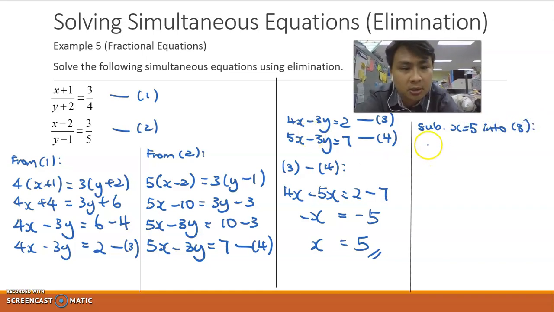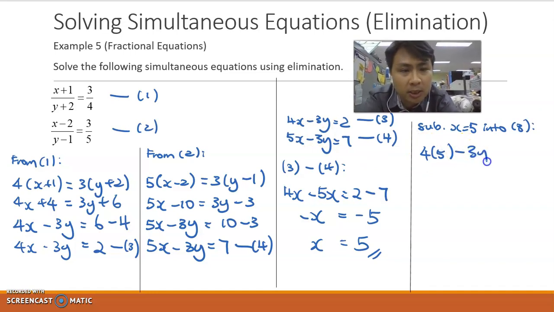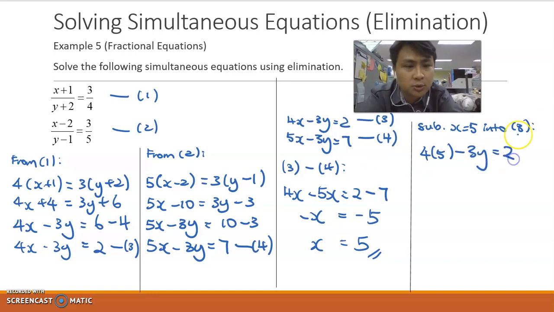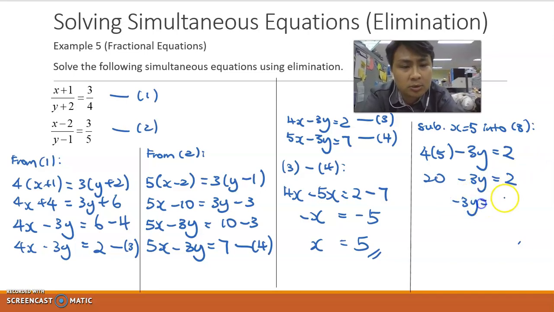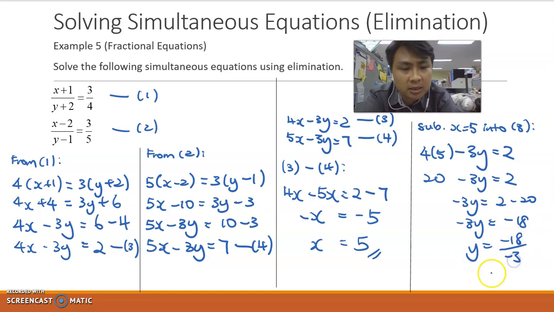So 4 times 5 minus 3y will be equals to 2. 20 minus 3y will be equals to 2. Negative 3y will be equals to 2 minus 20. Negative 3y is equals to negative 18. Our y will be negative 18 divided by negative 3. We'll get the value of 6.